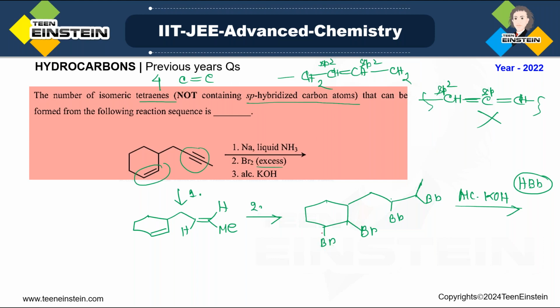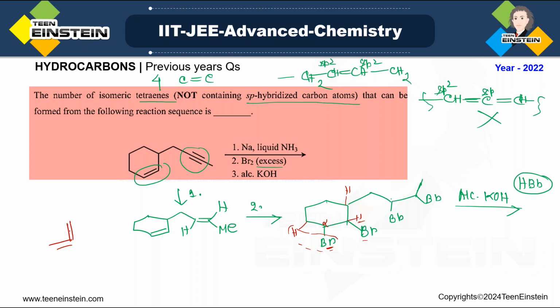Now, you have to consider the beta hydrogen. If this is the alpha position with respect to Br, this hydrogen you will remove, so these two you will remove together. If you think I will remove this H with this Br and this hydrogen with this one, what will happen? You will get something like this.